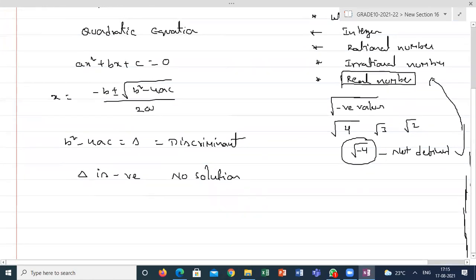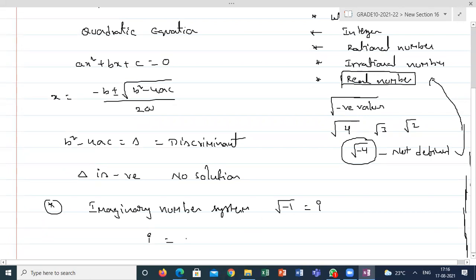To understand these scenarios, they found a new number system called the imaginary number system. That is, assume that root of minus 1 is equal to i. The square of any real number is always positive, but i is a number called an imaginary number.